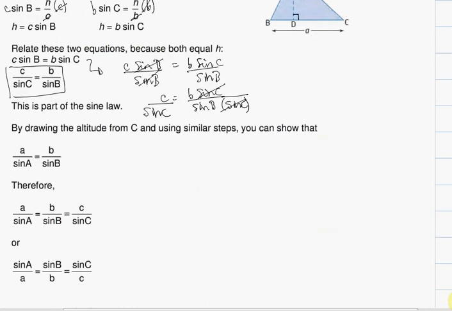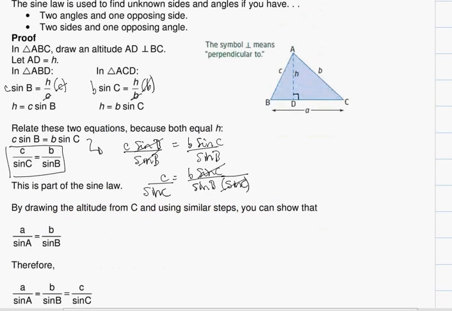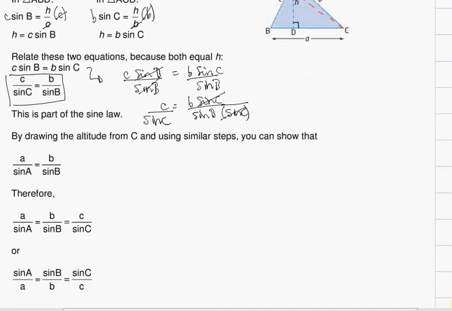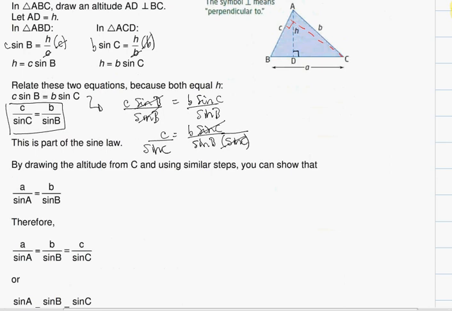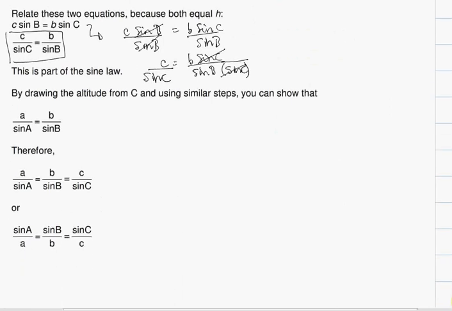Okay, and if you draw the altitude from C and use similar steps, what that means is if you take your triangle from here and you draw an altitude from C to AB and go through the same steps that you did up here where you had triangles ABD and ACD, then you can come up with A over sine of A equals B over sine of B. So therefore, we can just equate everything, right?